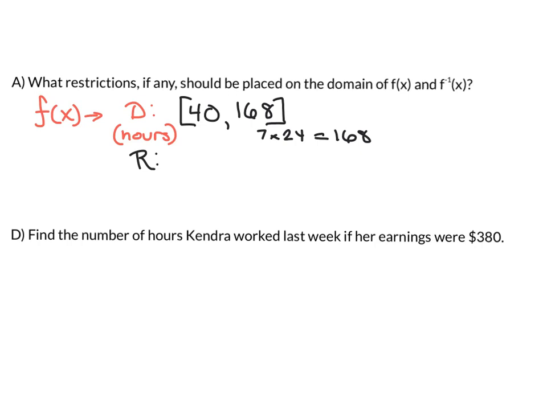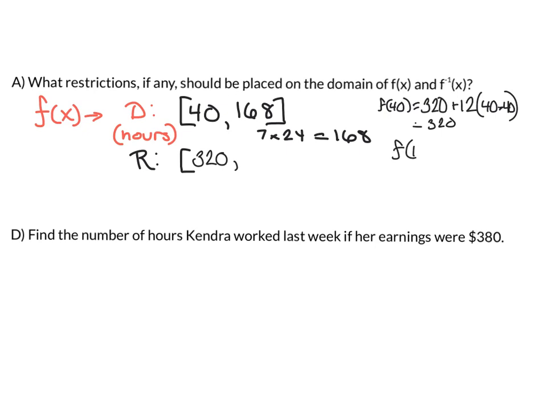Well, your domain and range are going to flip-flop for your inverse function. So to get the lower bound of the range, if I just plug 40 into my original function, I would get just $320. So you're not getting the overtime wage. So 320 would be the lower bound on your earnings, and the upper bound when you're working overtime would be to plug in the 168 hours.